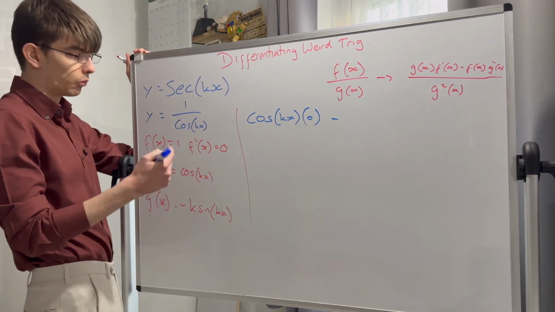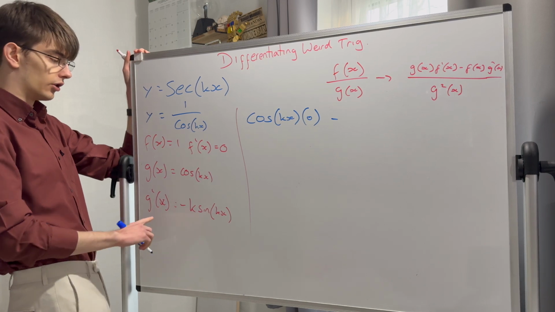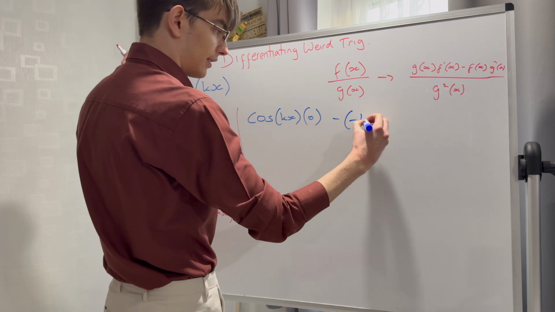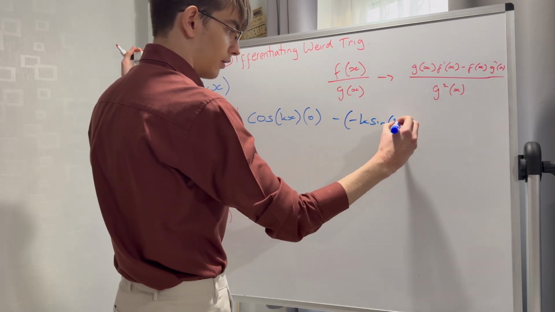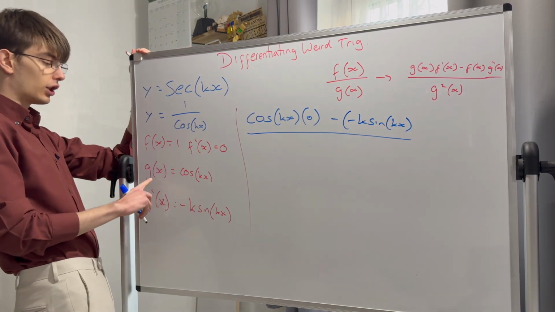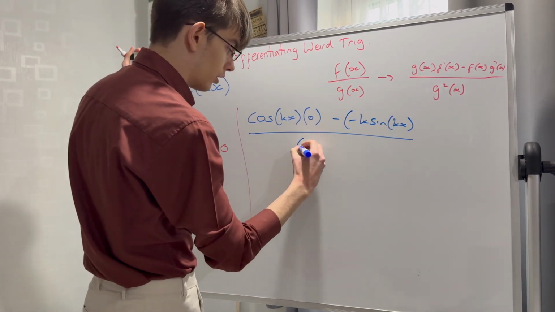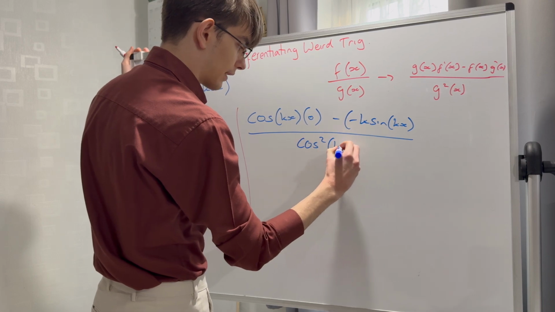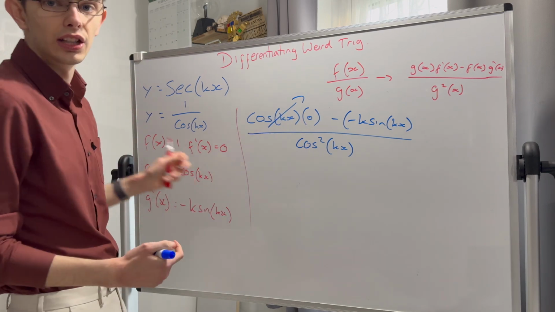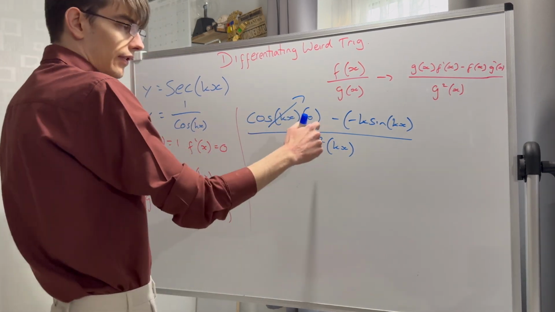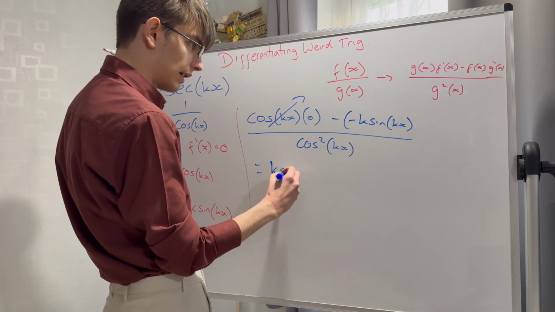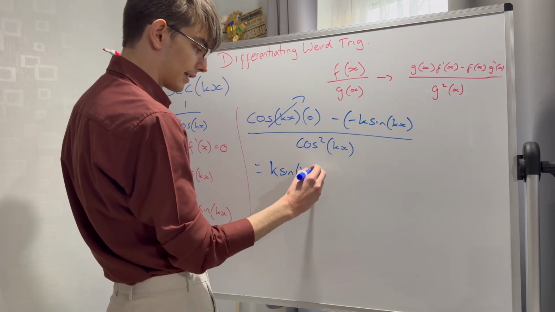Minus f prime of x, which is 1, I won't even bother writing that down, times g prime of x, which is minus k sine kx, all divided by g of x squared, so cos squared kx. Once again, this guy is going to disappear because something times 0 is just 0. Then over here, I've got a minus minus, so I just end up with k sine kx.